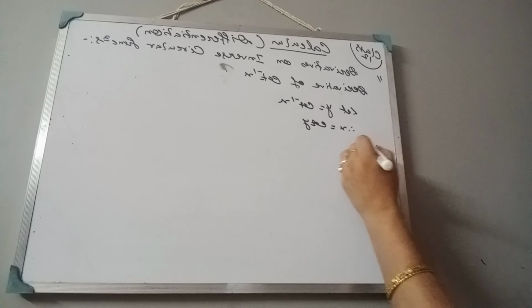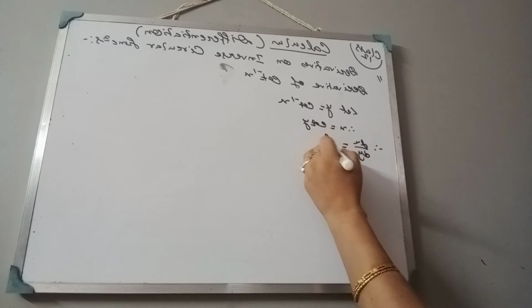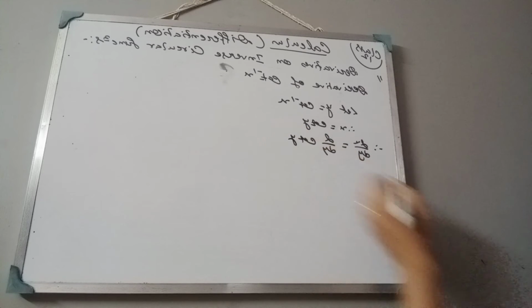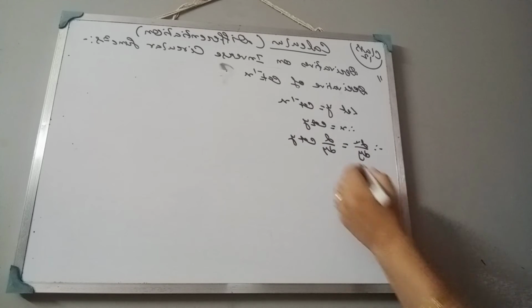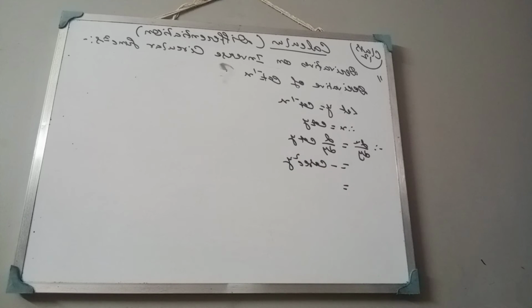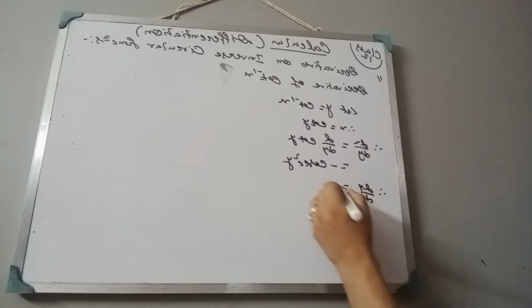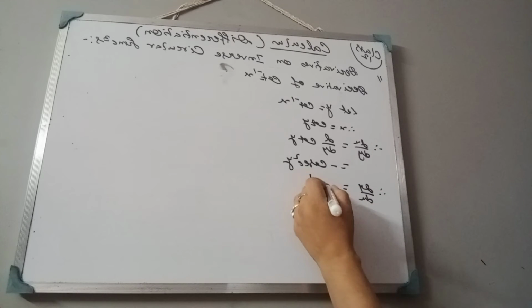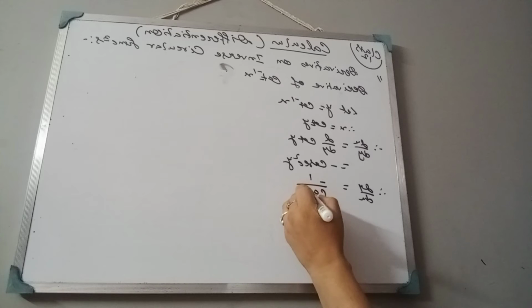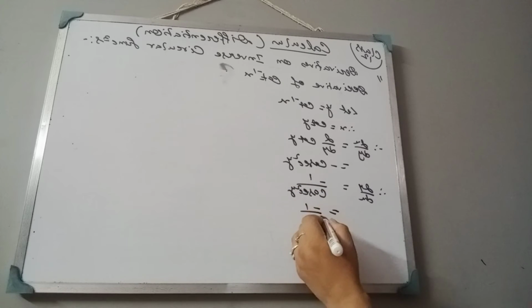Therefore dx/dy is equal to d/dy of cot y, which is minus cosec square y. Therefore dy/dx will be minus 1 by cosec square y. And cosec square means 1 plus cot square.